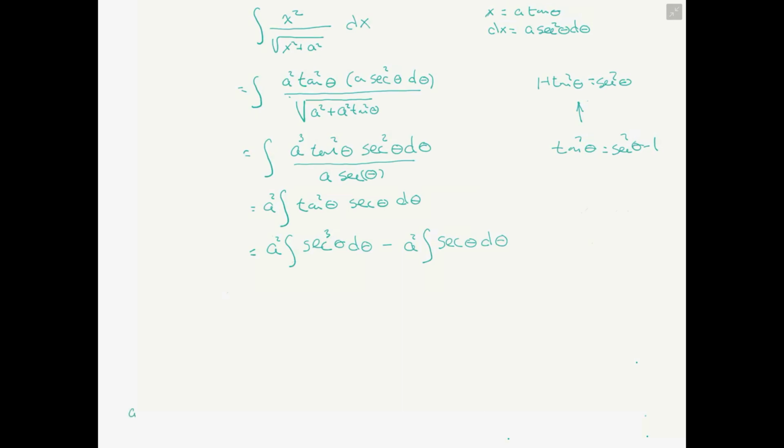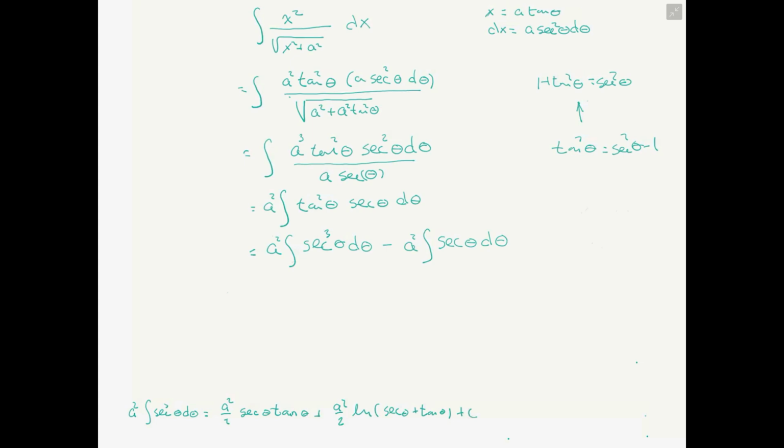The integral of a squared secant to the third theta d theta, when we solved it, was a squared over 2 secant theta tangent theta plus a squared over 2 natural log of secant theta plus tangent theta plus c. Okay, so that's our solution at this point.